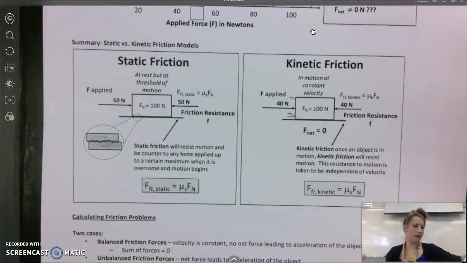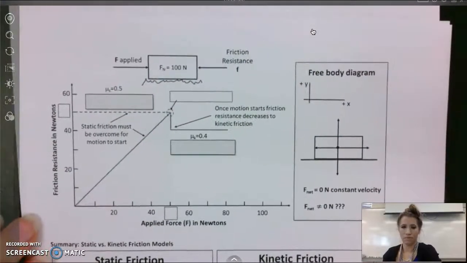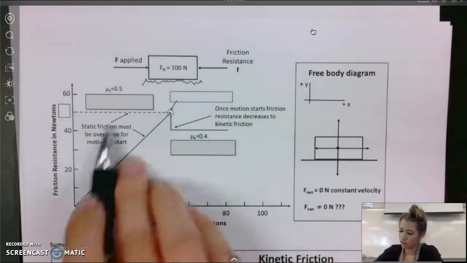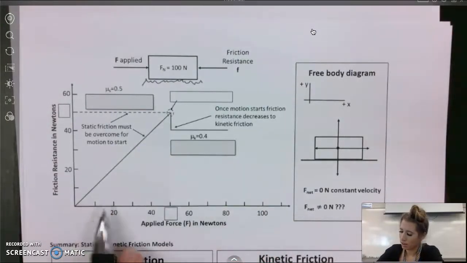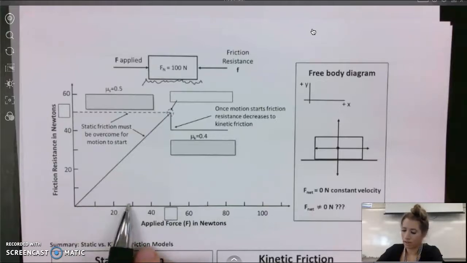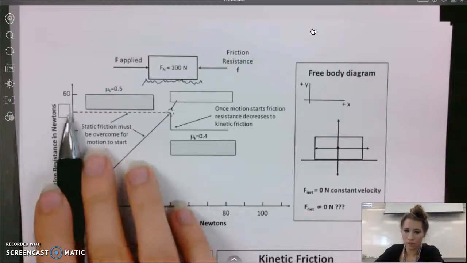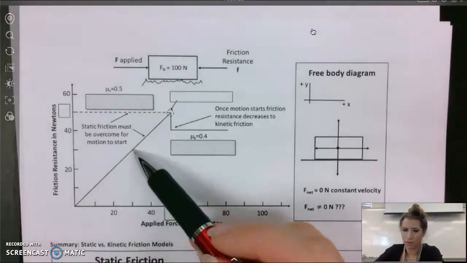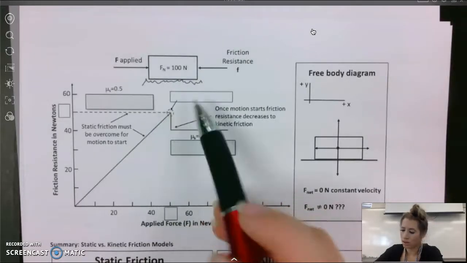Now here's how that would look graphically. So this is static friction, and as I increase my applied force, the force due to friction also increases. So I start off pushing lightly, and then I push more and more, and friction gets greater and greater, and then I reach this threshold of motion.